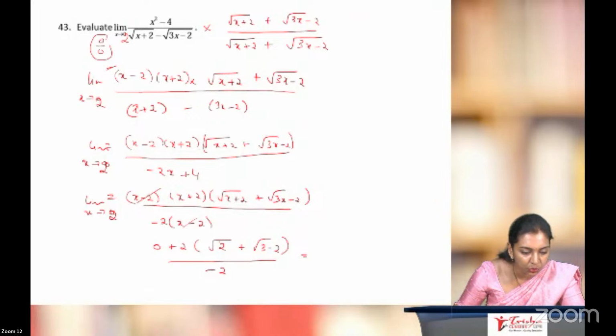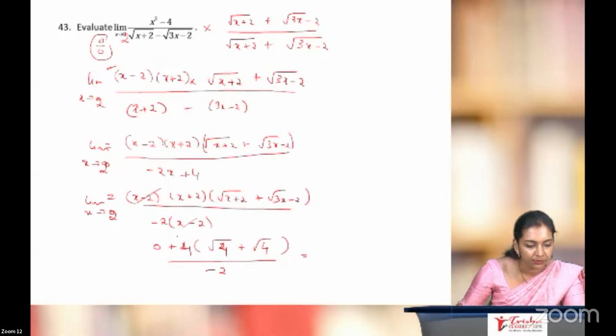So as you put 2, here it becomes 4. Root 4 plus here it is 6 minus 2, that is 4, root 4. I'll just write it as 4 itself. And here it is minus 2.